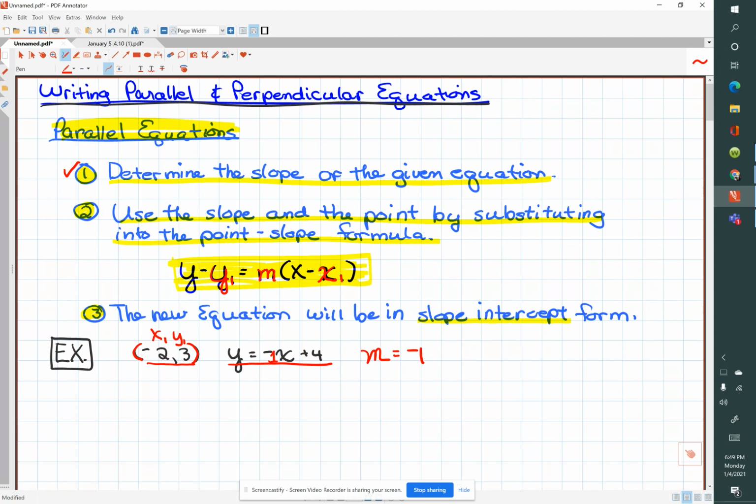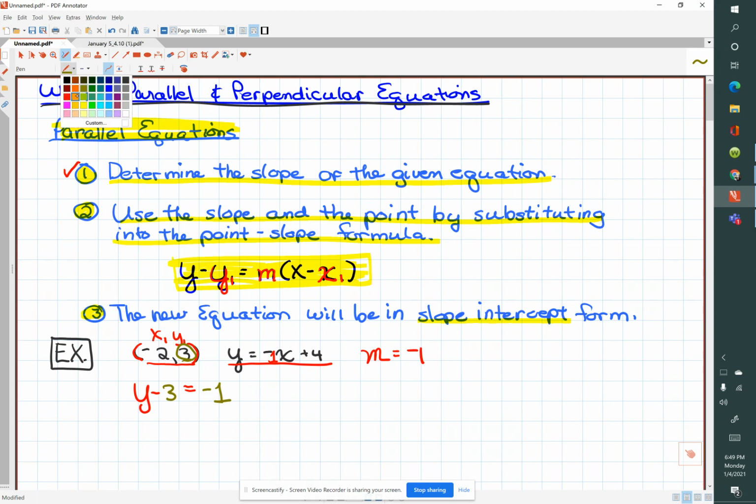So let's go ahead and do that. So we will have, as we make that substitution, y minus y1, which is this 3, equals m, which is our slope. That's our substitution. So that's -1. That will become invisible, but we can write it in. It's okay.